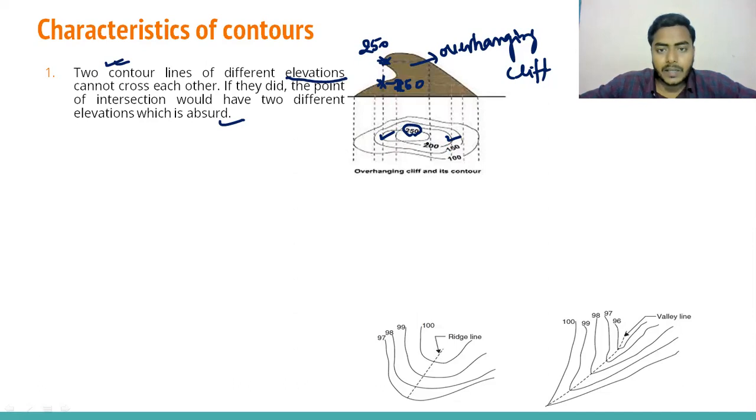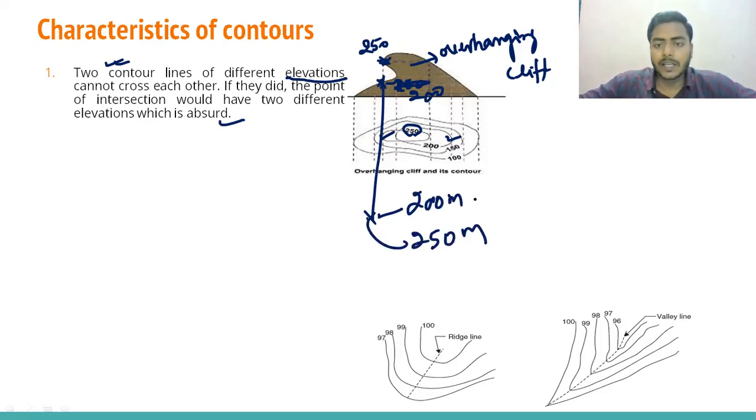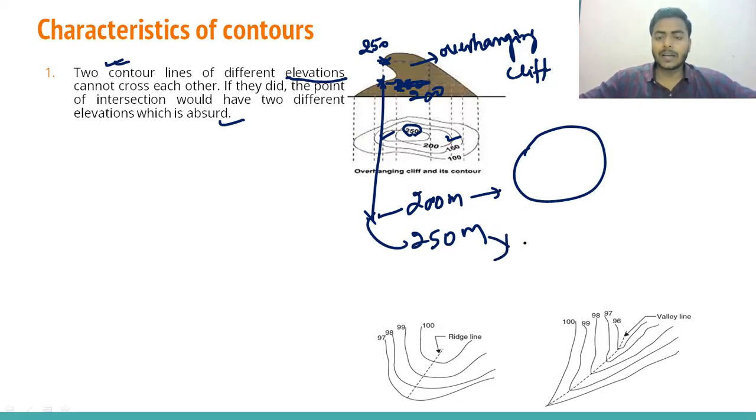Sorry, this is 200, not 150. So at a single point we have to draw two elevations, 200 and 250 meter. That means a contour line carrying 200 meter elevation and a different contour line carrying 250 meter elevation.